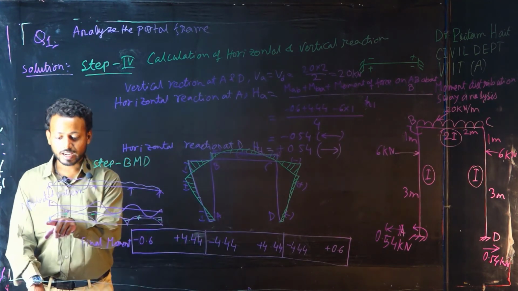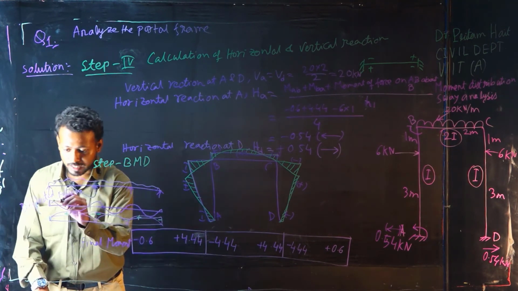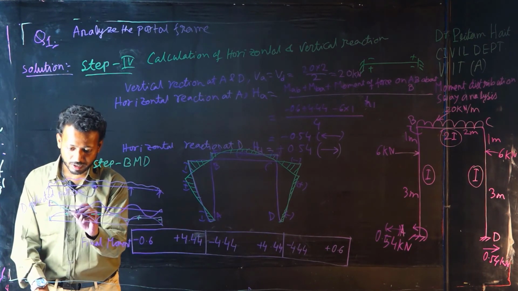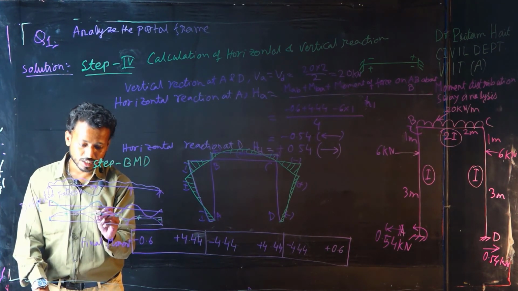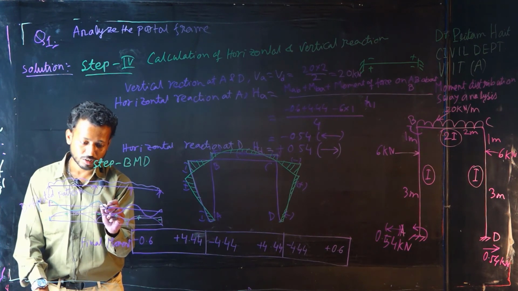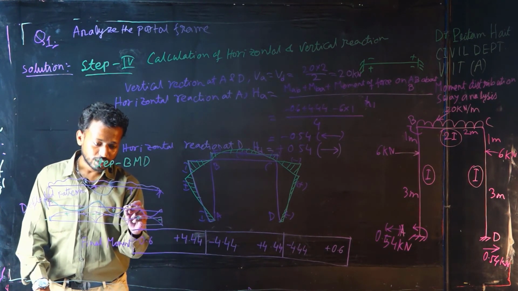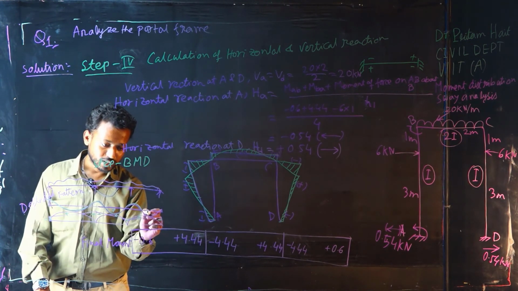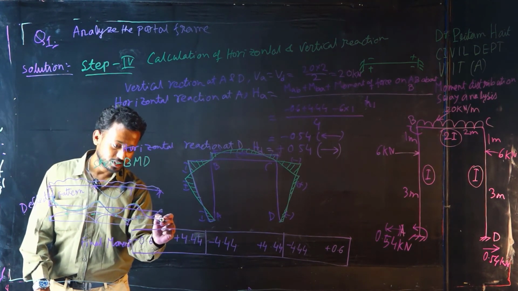So at support, negative bending will occur because here it is hogging. At span, positive bending will occur because it is sagging. At support, negative bending moment will occur. So this is negative because this is hogging, again this is sagging, so this is positive, again it is hogging, negative, again it is sagging, so it is positive, again it is hogging, again it is negative.